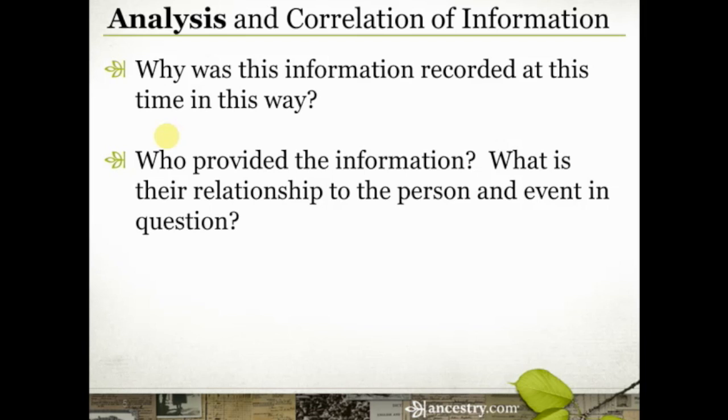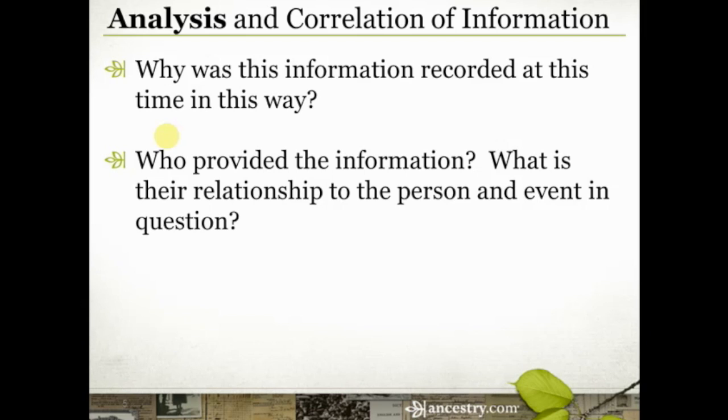Records themselves are either original or derivative, right? Meaning we're either looking at an original record or we're looking at some kind of a derivative record that has been copied and copied and copied, or an index. We're looking at an index only or whatever, okay? So sources are either original or derivative. Information on sources can be either primary or secondary.